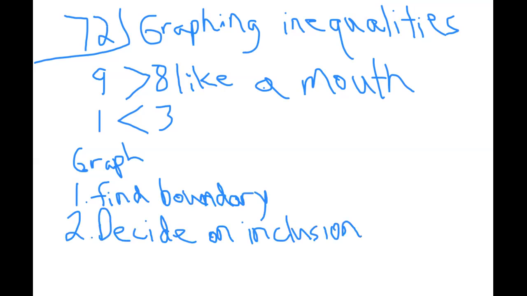So there are the ones that I described before, right? So if I used this one, or I used this one, we'd graph those and we use an open circle. Okay, so we'd use an open circle.